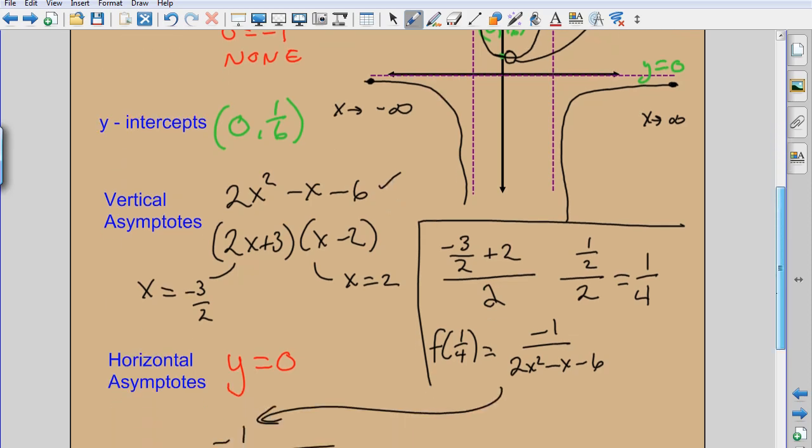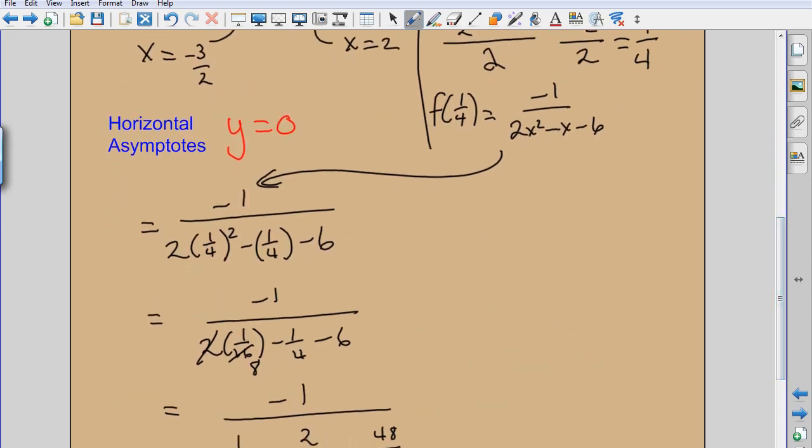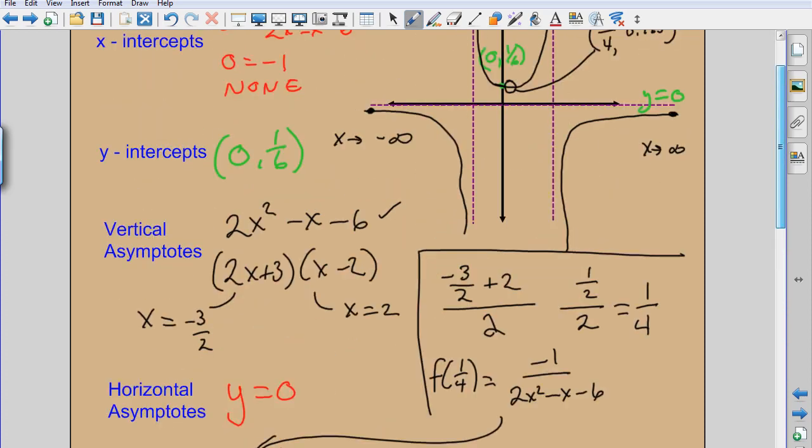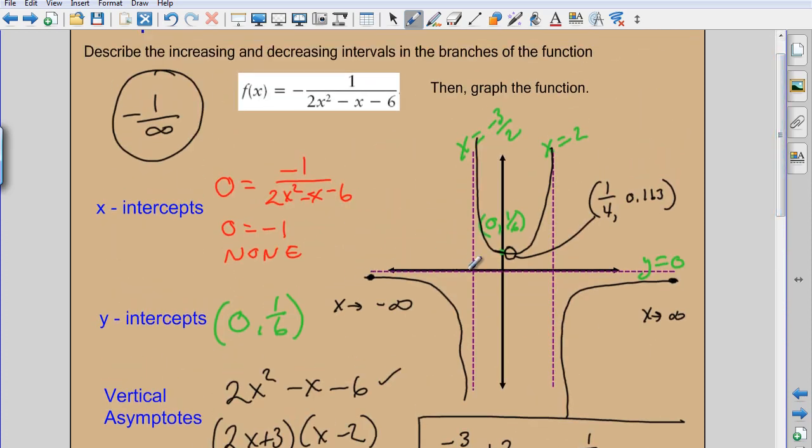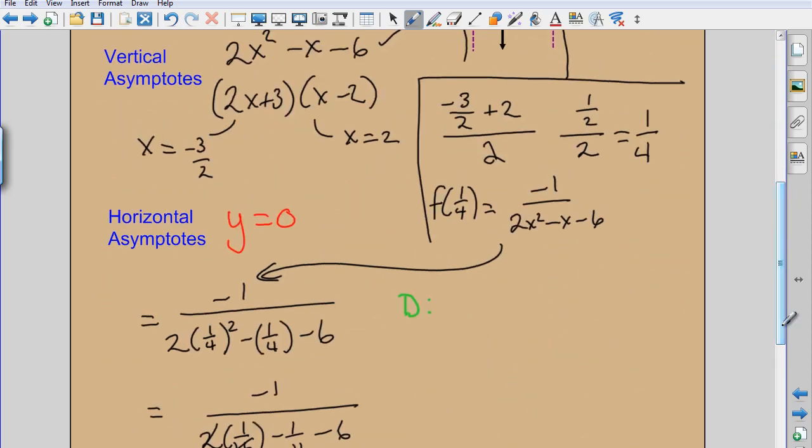This will allow me to state my range now and domain. So I'll do that over here in green. So the domain, once again, if we look back up at the function, is negative infinity to negative 3 over 2, from negative 3 over 2 to 2, from 2 to positive infinity. Negative infinity to negative 3 over 2, round brackets. Negative 3 over 2 to positive 2.